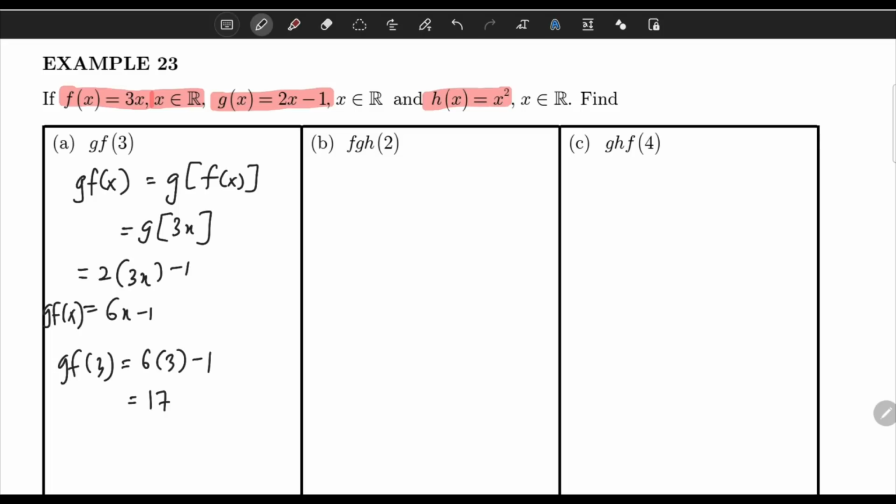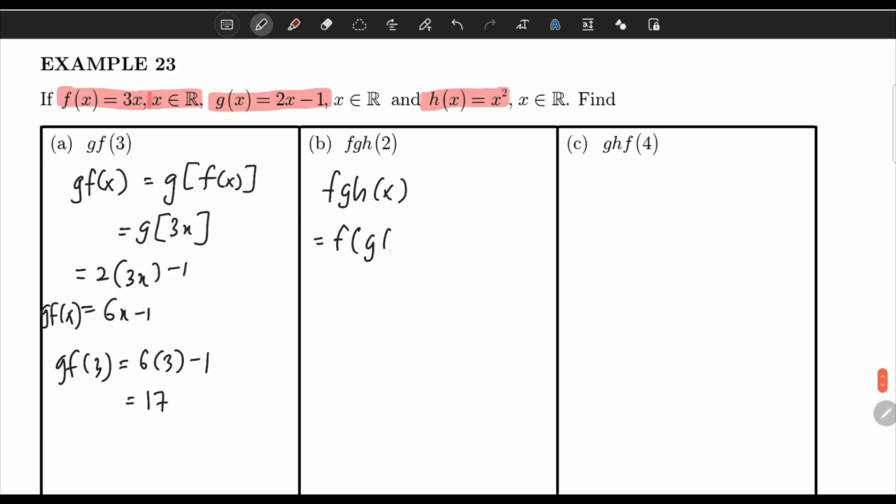So let's look at b. So we need to find fgh of x. So fg, so put in bracket, so g and then hx. So ghx is x squared. So substitute into g. So we have 2x squared minus 1, and then substitute into f.